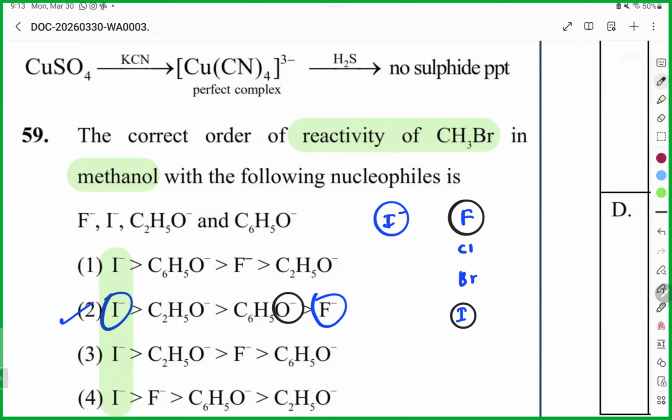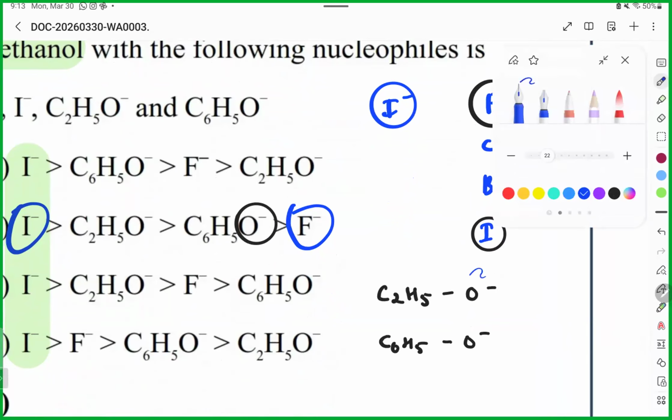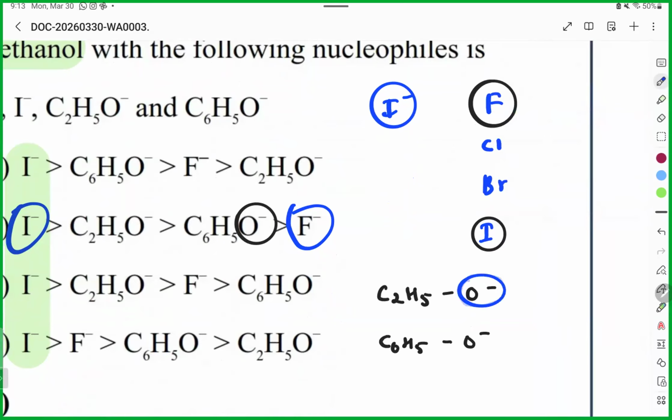And how do we know about this two option? Let me explain a bit of the concept. You have C2H5 O negative and you have C6H5 O negative. How do we know which is more reactive? This is the negative charge. C2H5 will donate electron to the oxygen, there will be more negative charge, unstable, so can easily react.